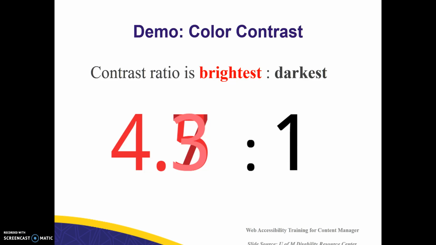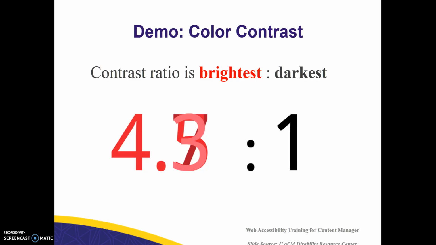Level AA requires a color contrast ratio of 4.5 to 1 for normal text, which is font weights up to 18 points, and a 3:1 ratio for large text, which is 14 points bold or larger, or 18 points non-bold.